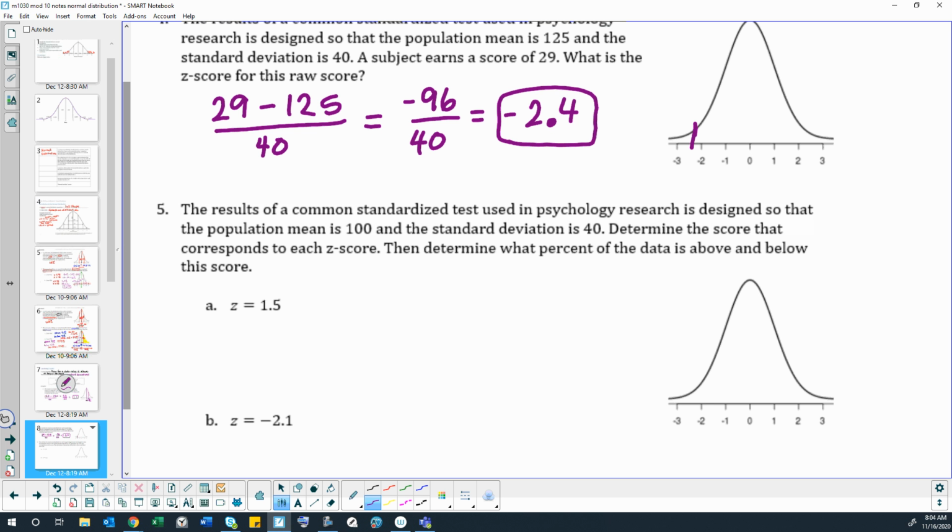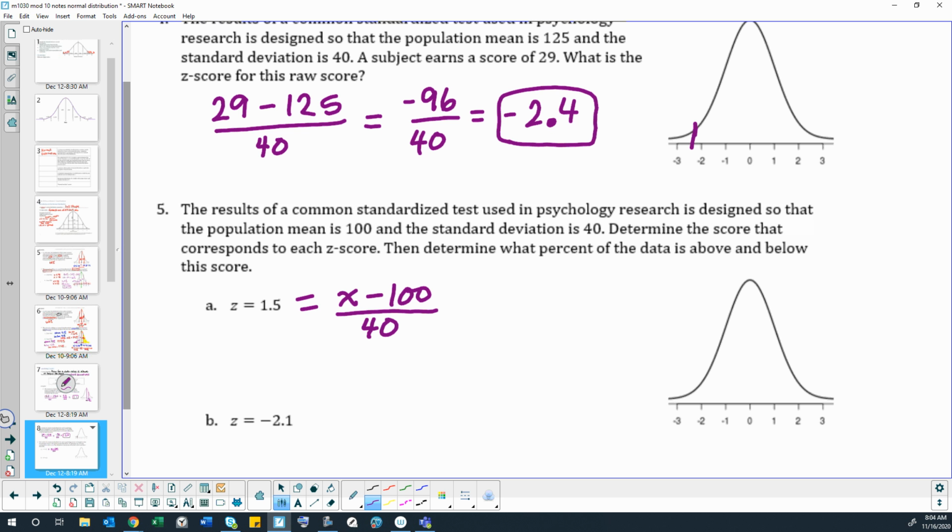So, working backwards, we would take our formula, which is our z-score is equal to our score, whatever you want to call that, minus 100, divided by 40. So we're basically solving that equation.